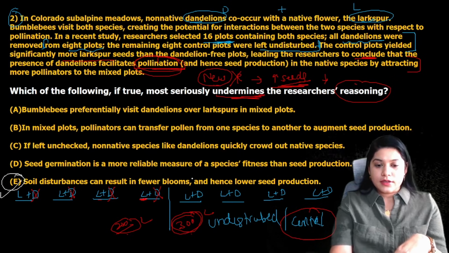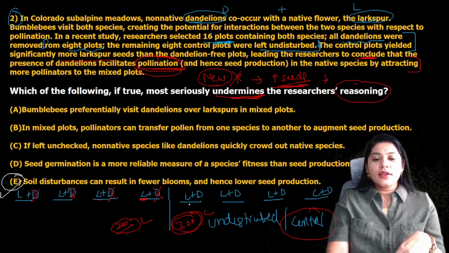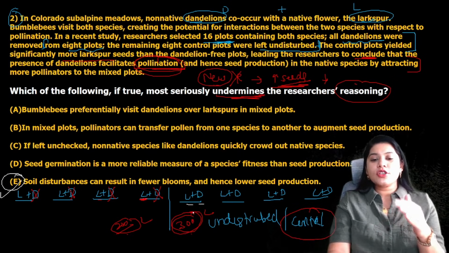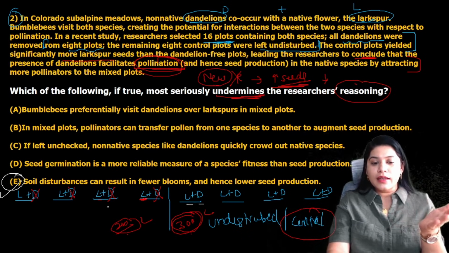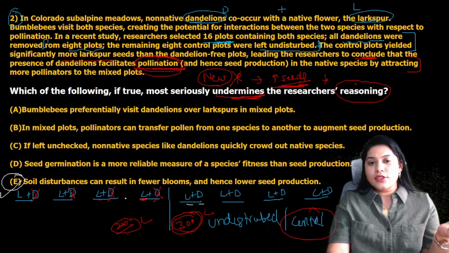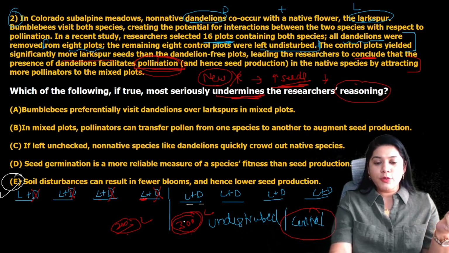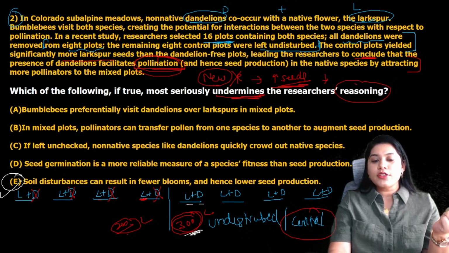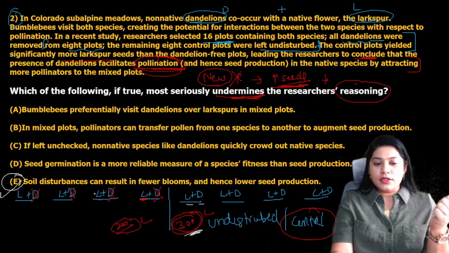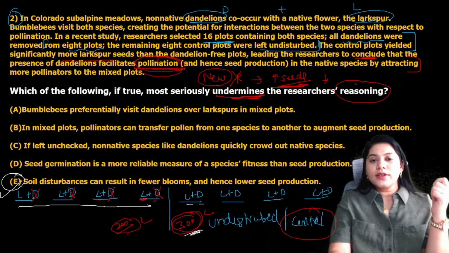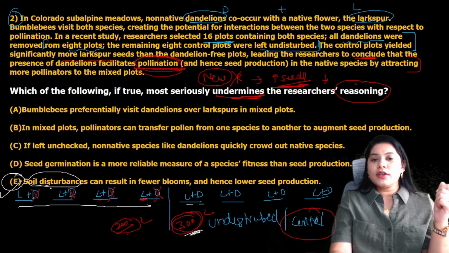E is the correct answer. See, they are saying pollination is the reason: here both species are present, so pollination must be happening better than where the dandelion is not there, because you need two species for pollination. That's why seeds are more. We are saying no, pollination is not the reason. In these plots, since we uprooted the dandelions, the soil must have been disturbed.